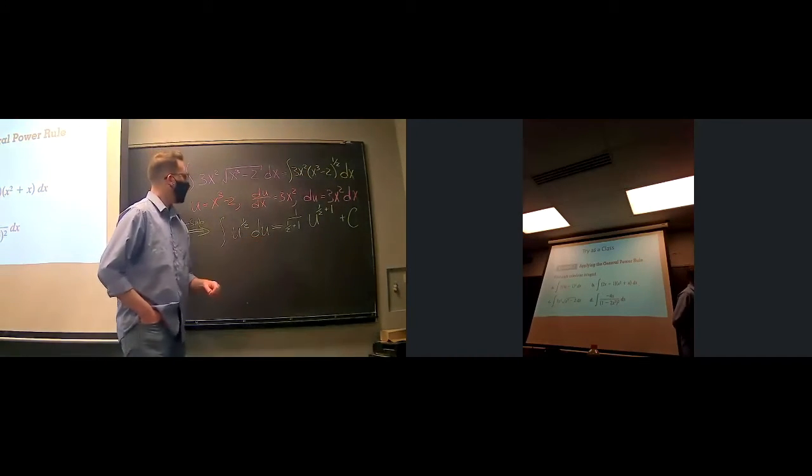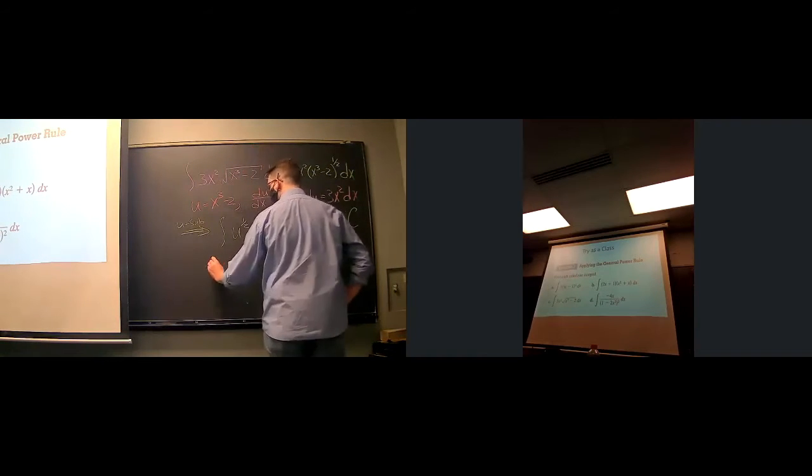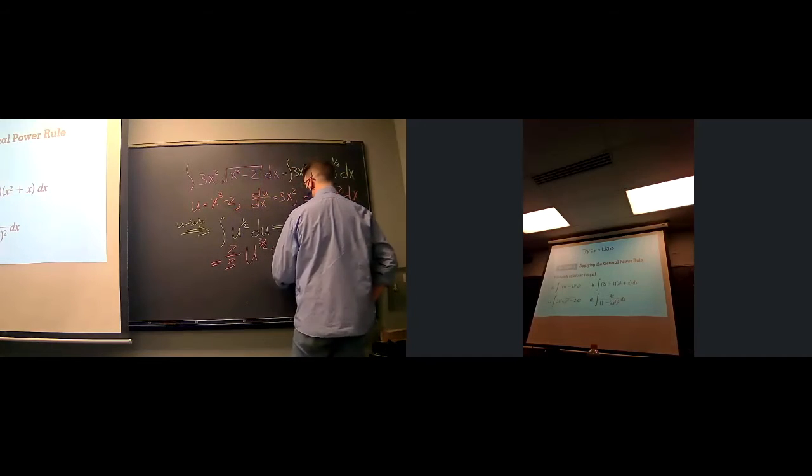Well, we can rewrite this now. Rewriting this, starting with a fraction, this is going to come out to be 2 over 3 u to the 3 over 2 plus c.